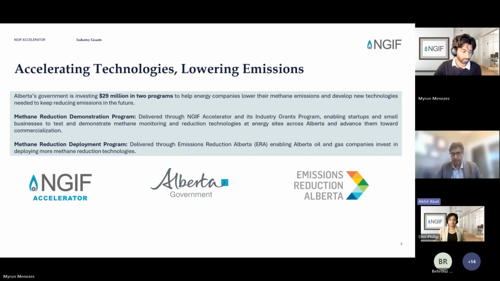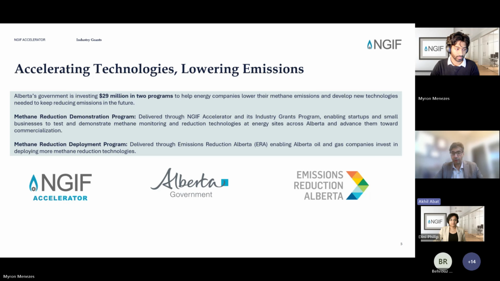For the methane program itself, the support we have received from the Alberta government is investing $29 million in 2 programs to help the energy sector reduce methane emissions and develop new technologies needed to keep reducing emissions in the future.